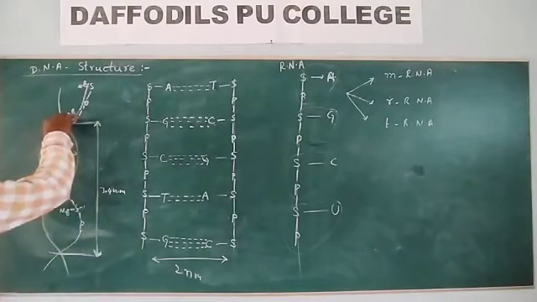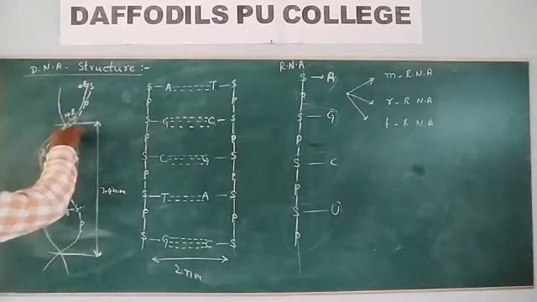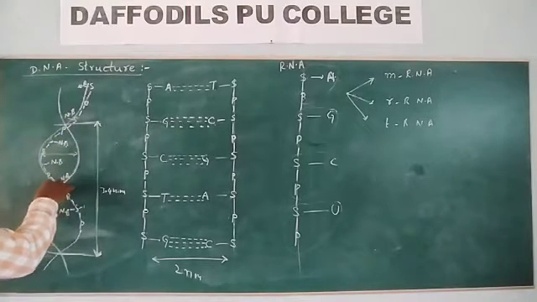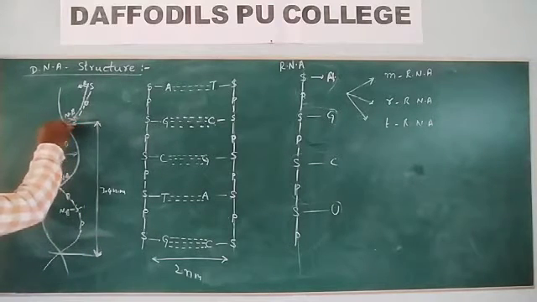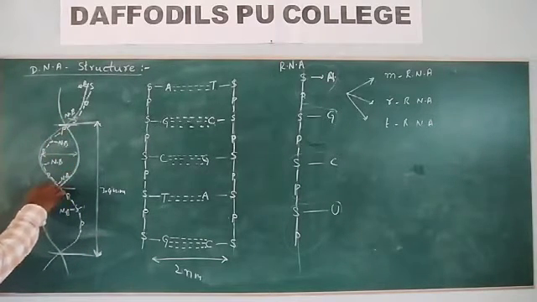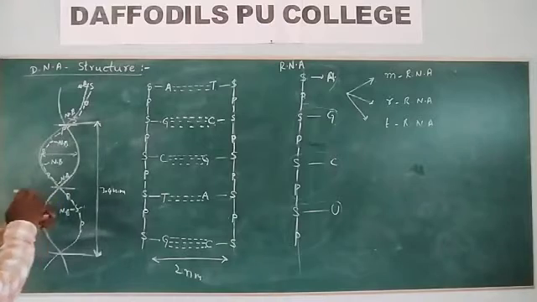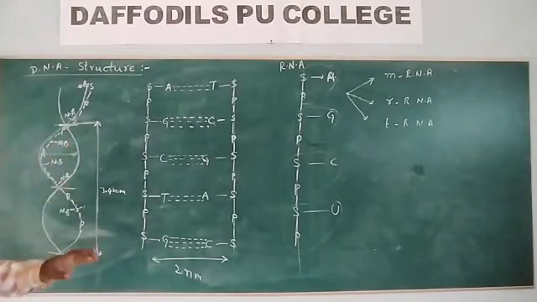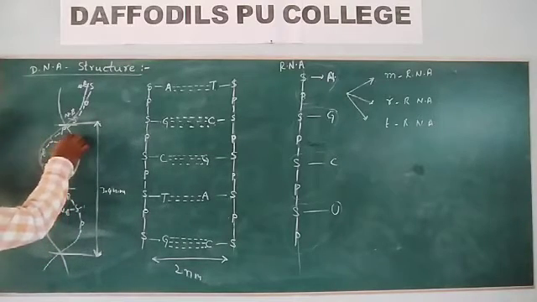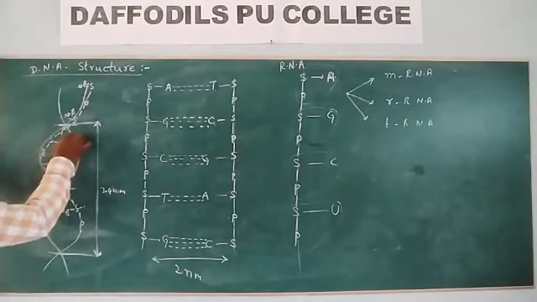at that time, a part of the DNA, suppose I am taking from here to here, is going to unfold, which means all the nitrogen bases come outside.